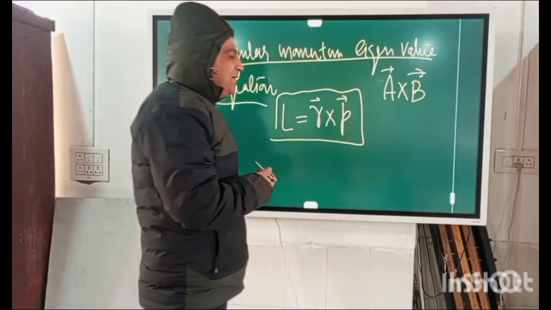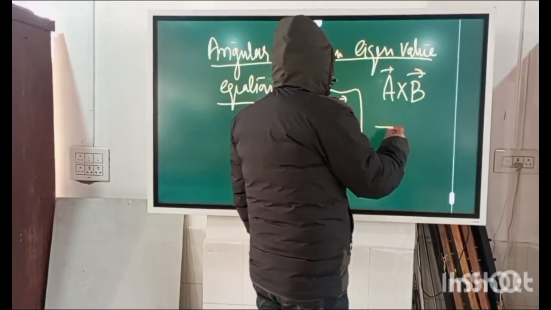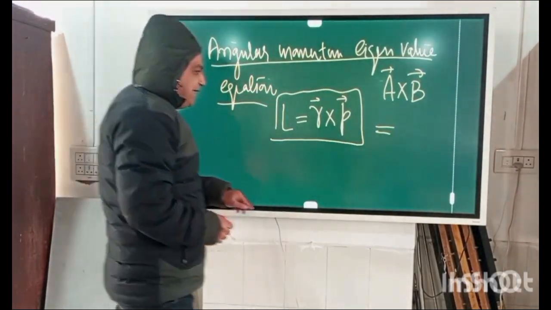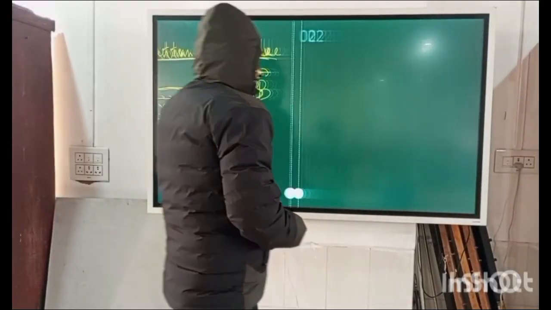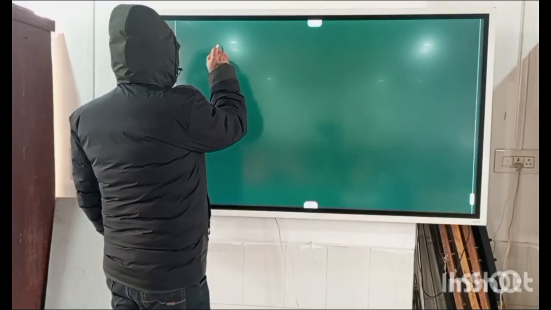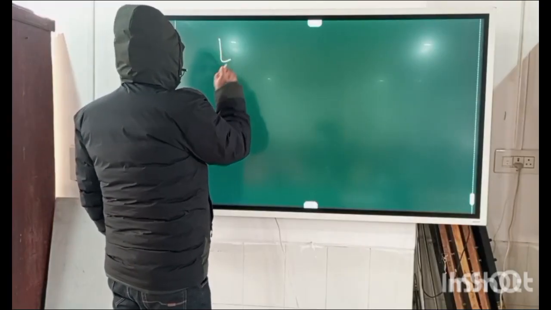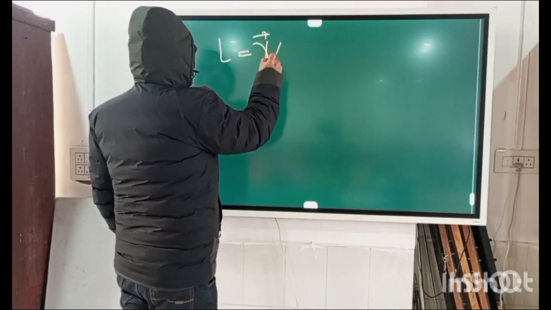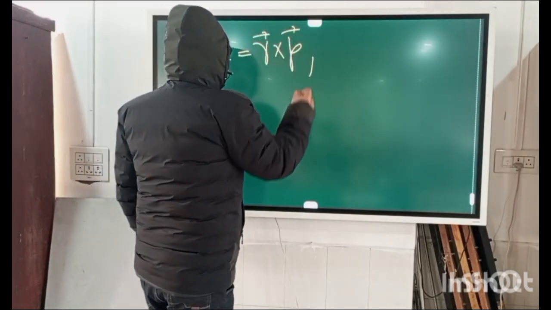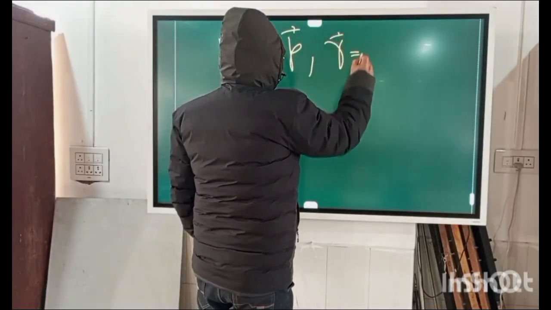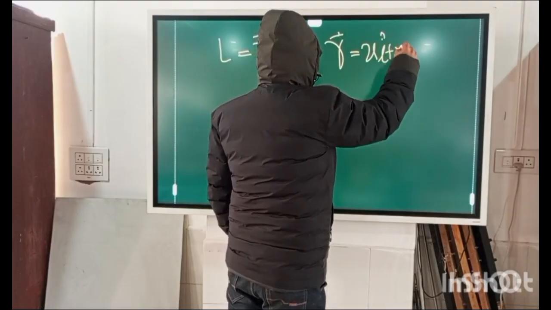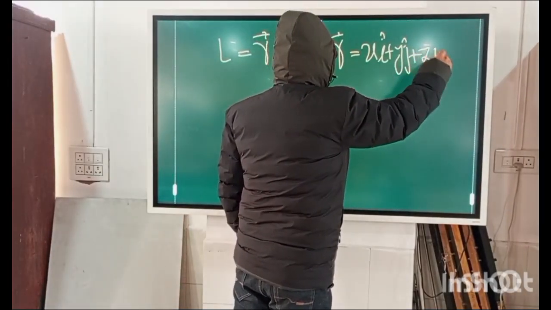Once you calculate the determinant, that gives you the cross product between vector A and vector B. Now, in my case, I have L, and this L is the cross product of r and p, and for r I have x i cap plus y j cap plus z k cap.